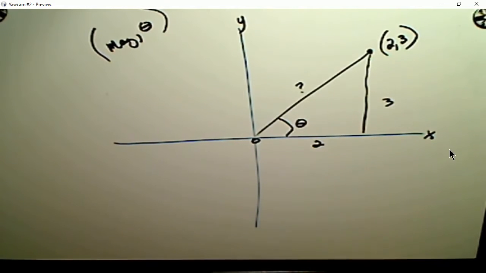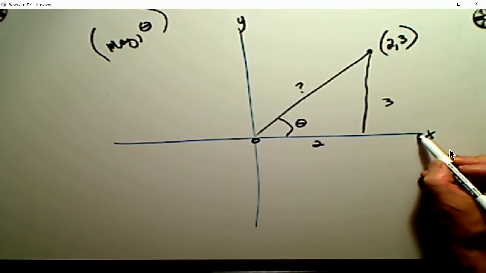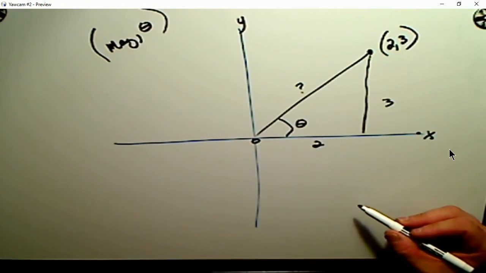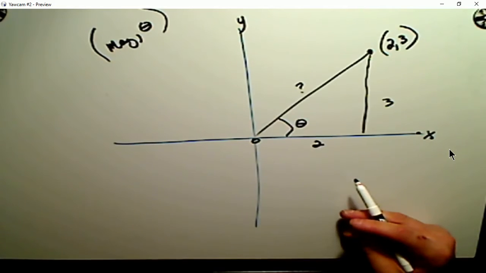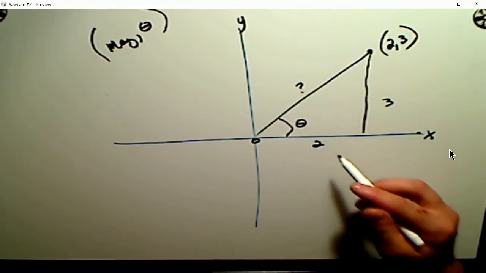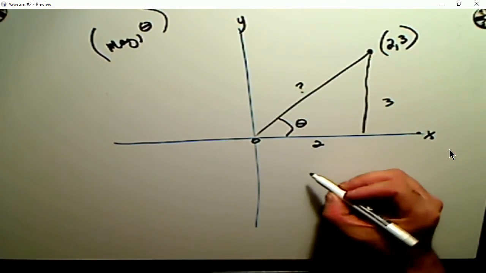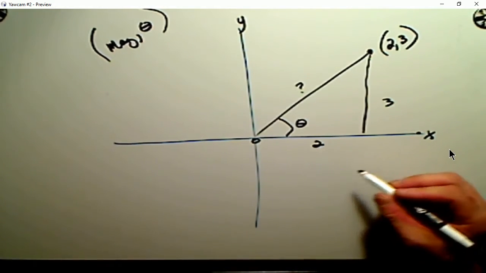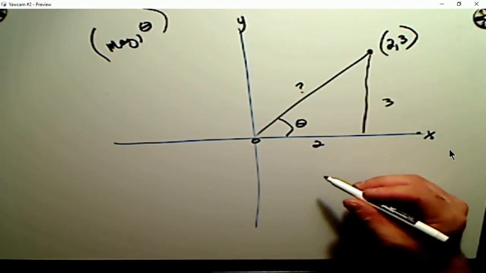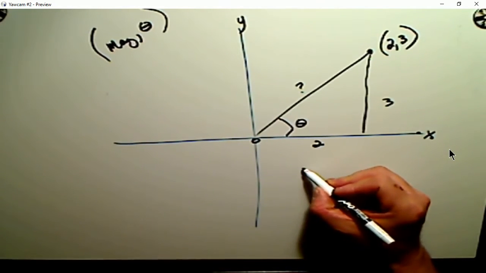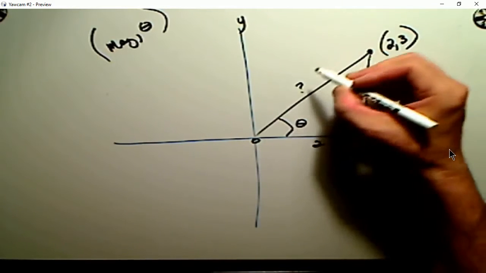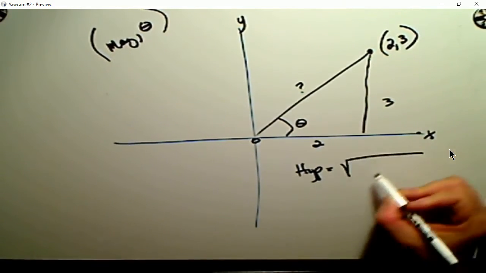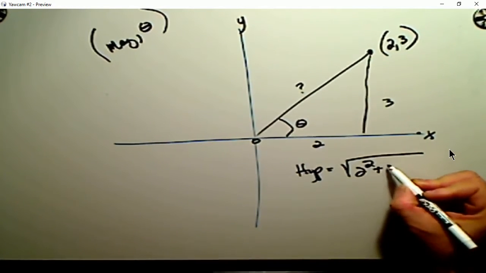It's common to take the angle from the positive x-axis and go counterclockwise. That is the standard, I should say. What we have here, if we use Pythagorean theorem, I should be able to find out what this hypotenuse is by just taking the square root of 2 squared plus 3 squared.